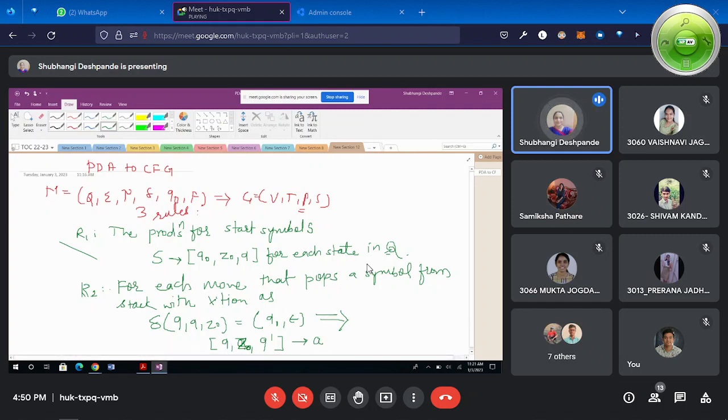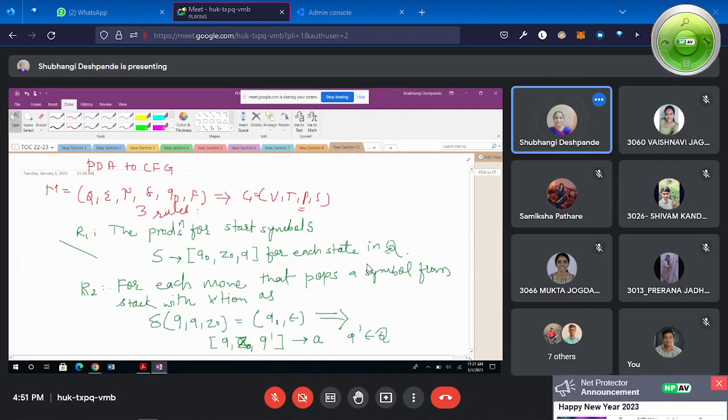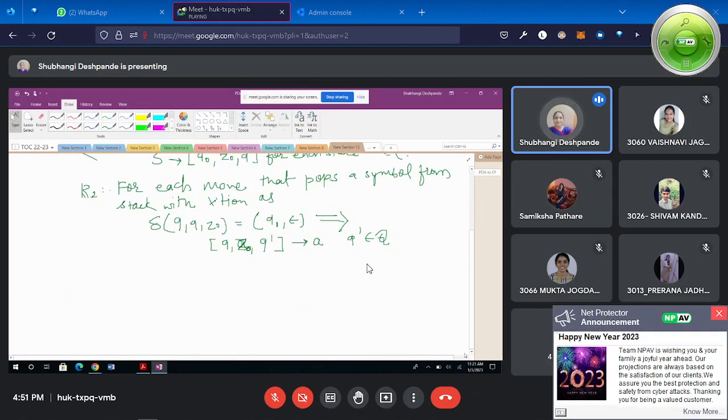So what is remaining on the stack now? Z0 is there. It starts in Q, ends in Q dash, which derives A. So it will be written like this, where Q dash belongs to Q. This is rule 2.